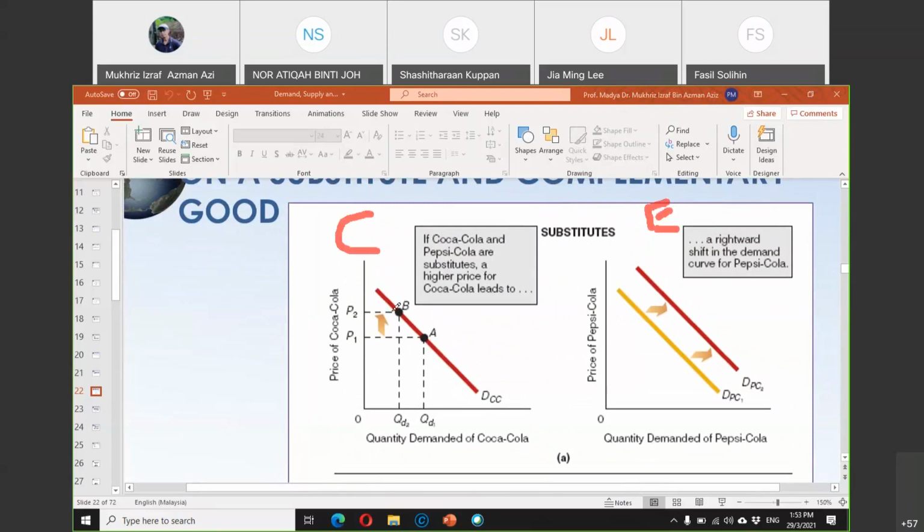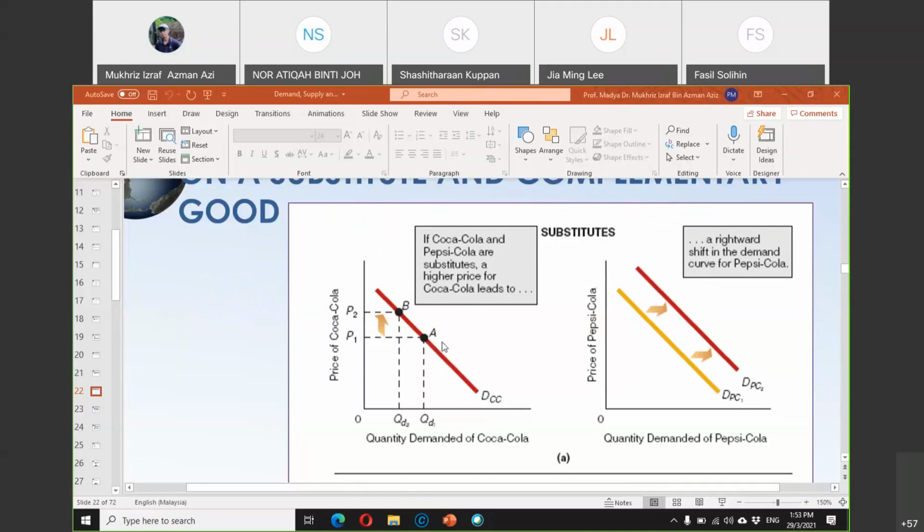Because when you talk about the cost just now, if you recall our example on the A52 Samsung, Samsung price goes up, so the price just goes up from, let's say, A to B. So what is the effect on Vivo? Of course, in this example, they use the price of Pepsi and the price of Coke.